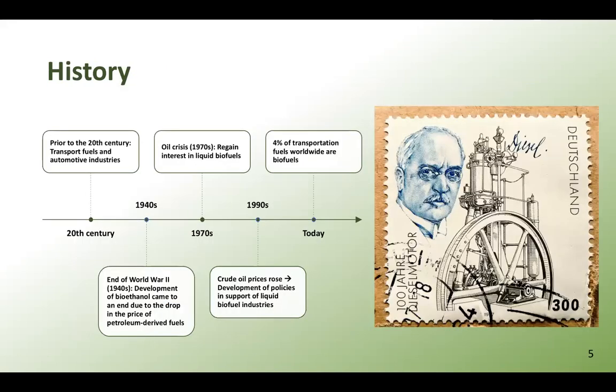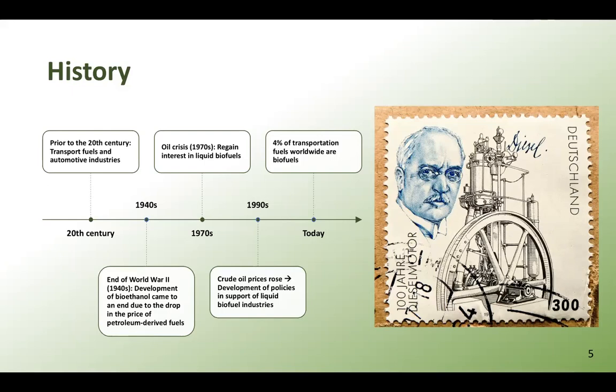So now for a brief history. Prior to the 20th century, liquid biofuels were used as transport fuels and in the automotive industry. However, around the 1940s and the end of World War II, the development of biofuels, in particular bioethanol, came to an end due to the drop in the price of petroleum-derived fuels, so their demand increased. In the 1970s, there was a regain in interest in liquid biofuels.